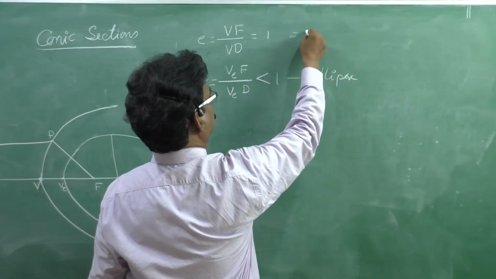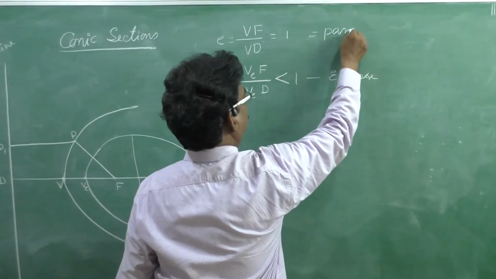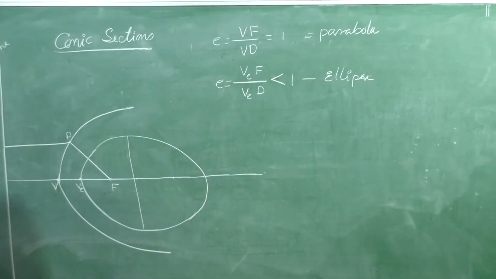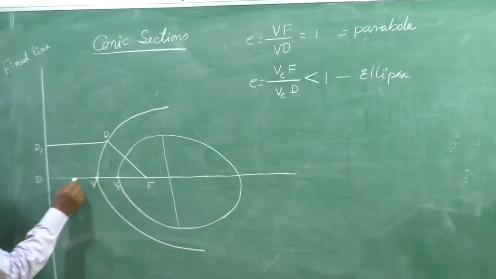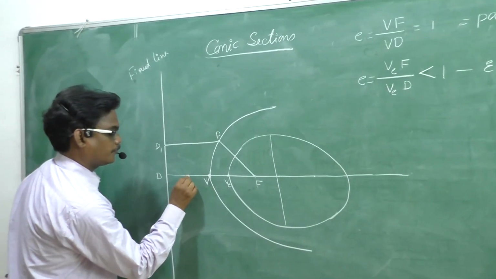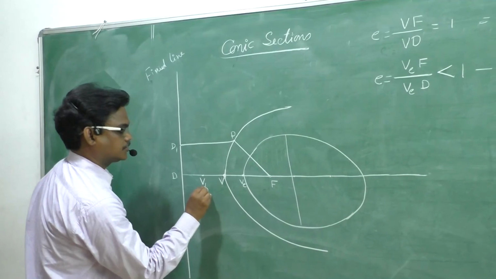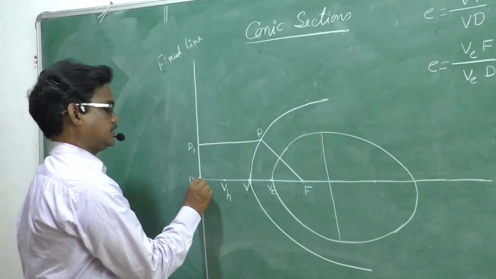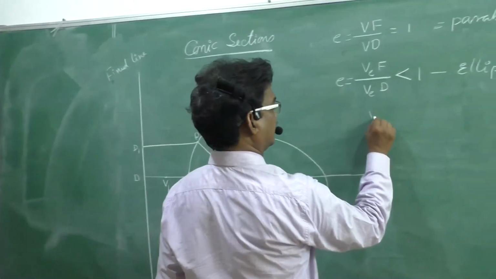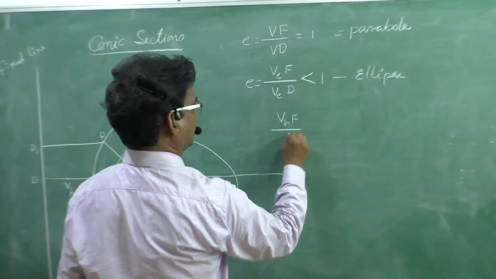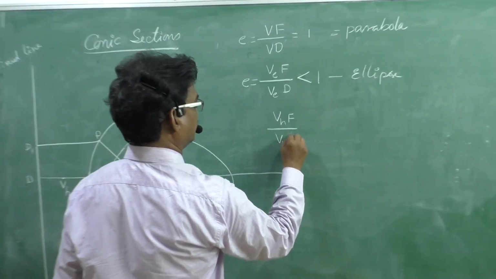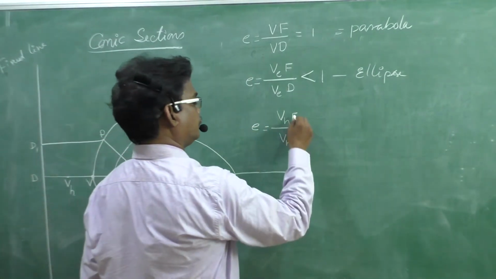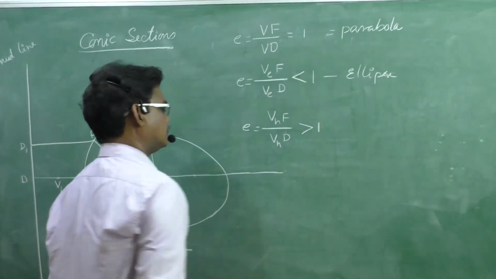And this is the parabola. Right. Now, I want to consider a point here. Let it be VH. Right? VHF divided by VHD, the eccentricity E. Now, if you take this ratio, obviously it is more than 1.